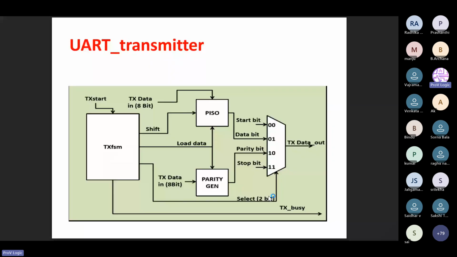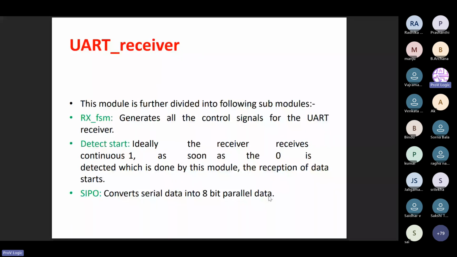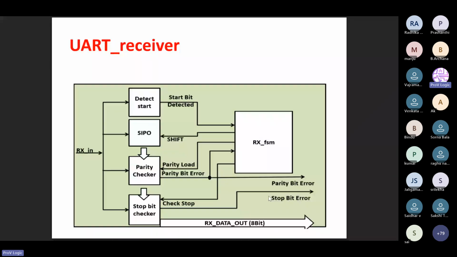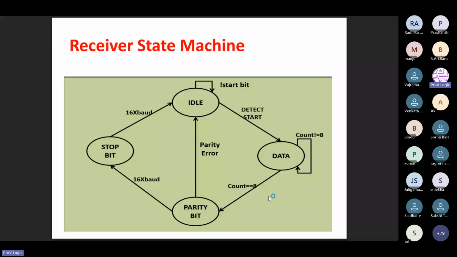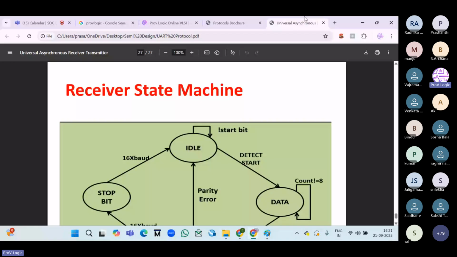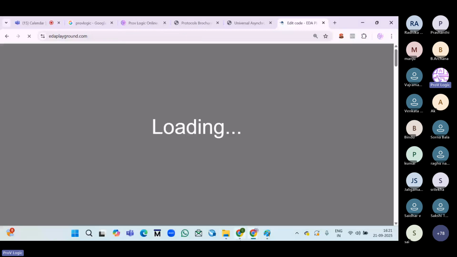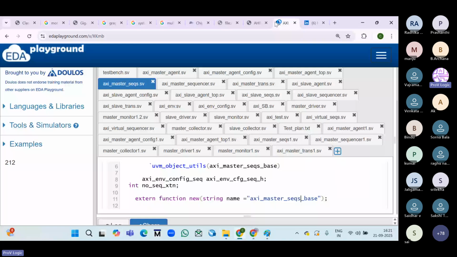We will explain each block and each signal, how the transmitter FSM works, and the receiver block diagram: how to detect start, write the Verilog program, CPO, parity checker, stop bit checker, FSM, how everything is interconnected and how the data is transferred. The UART protocol majorly focuses on RTL design because it has a very complex RTL design.